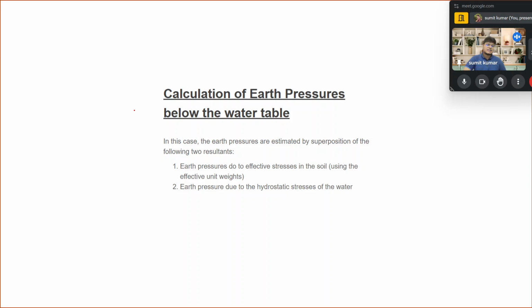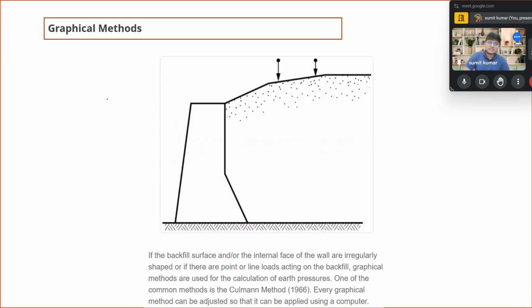So we calculate the effective stress sigma z, which we multiply with K or Kp for the active and passive earth pressure respectively. Second, the earth pressure due to the hydrostatic stress of water. We do not multiply K in the water, but we add the pressure due to water directly. So we will see those things as per the question.